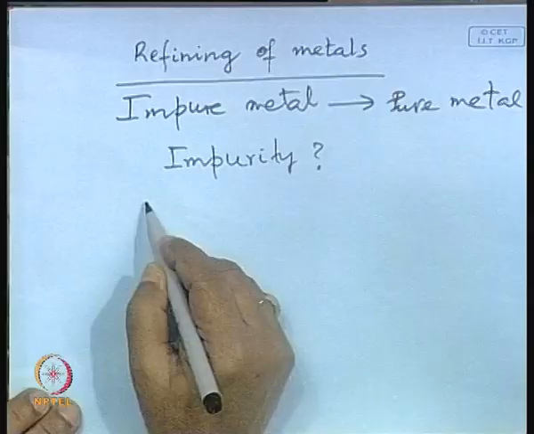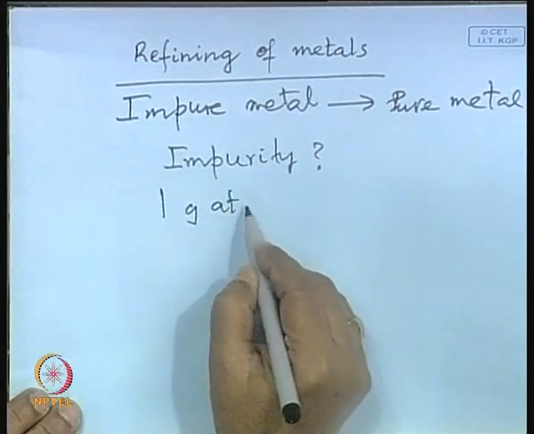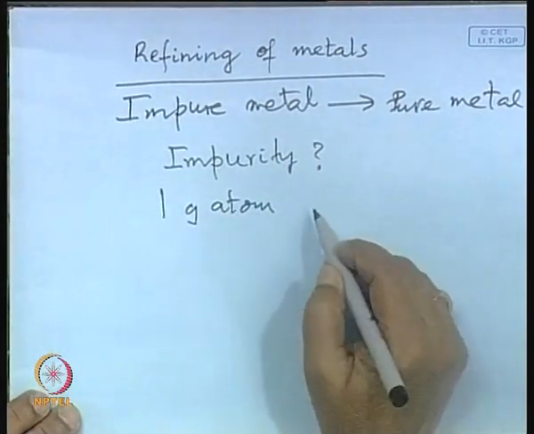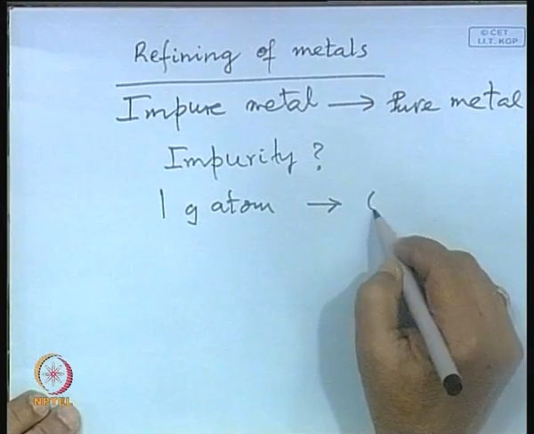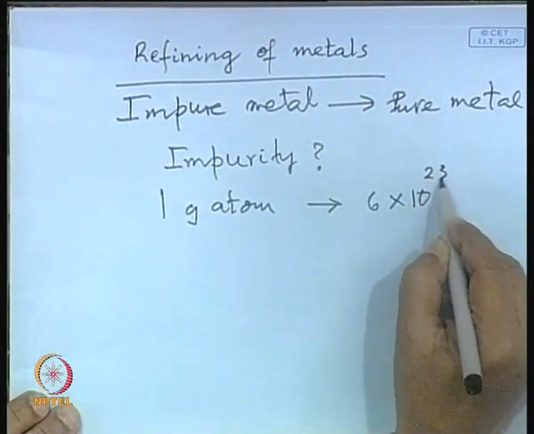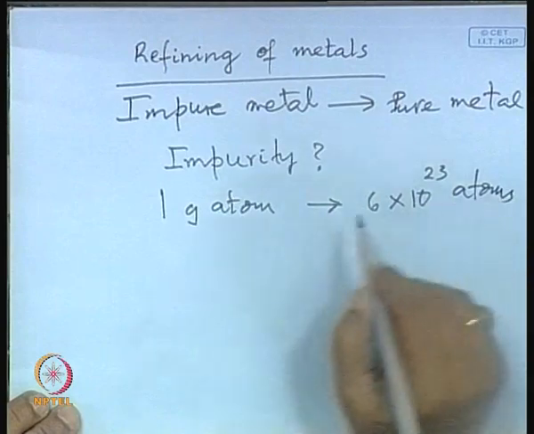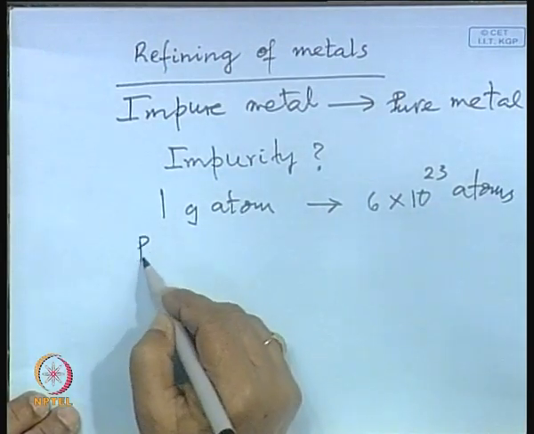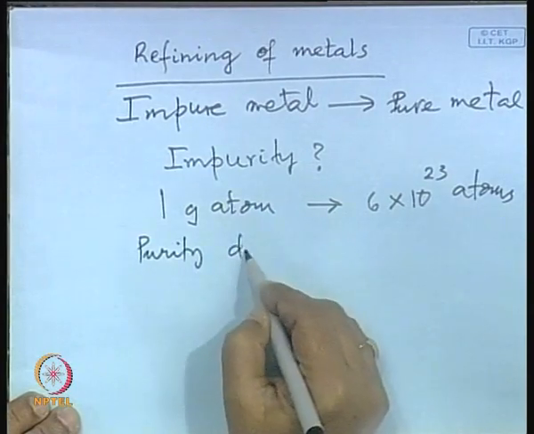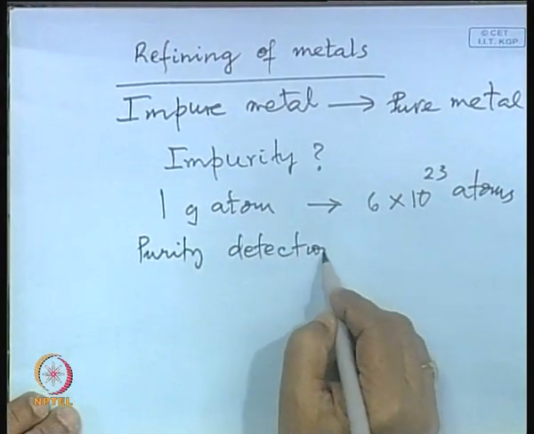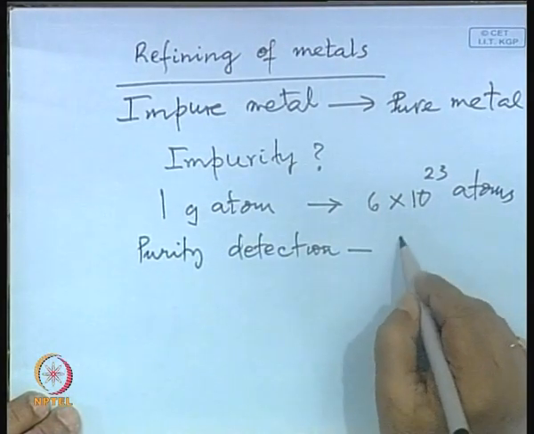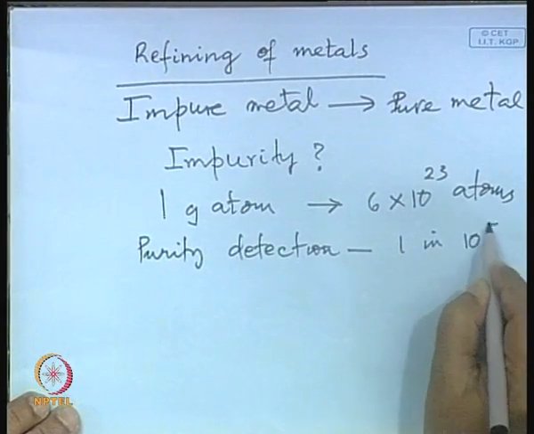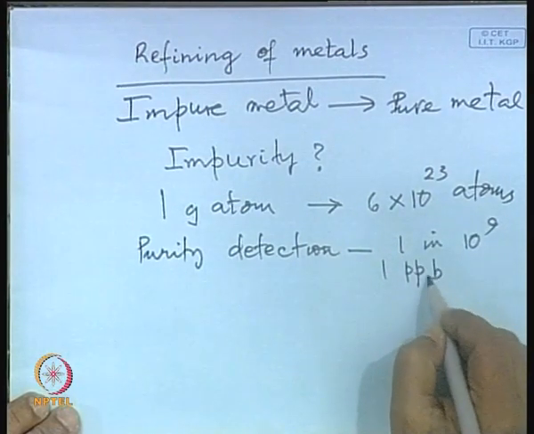According to Avogadro's hypothesis, 1 gram atom of anything will have 6 into 10 to the power 23 atoms, but our purity detection level, say in the chemical laboratory, will at most go to finding 1 in 10 to the power 9, that is 1 part per billion.